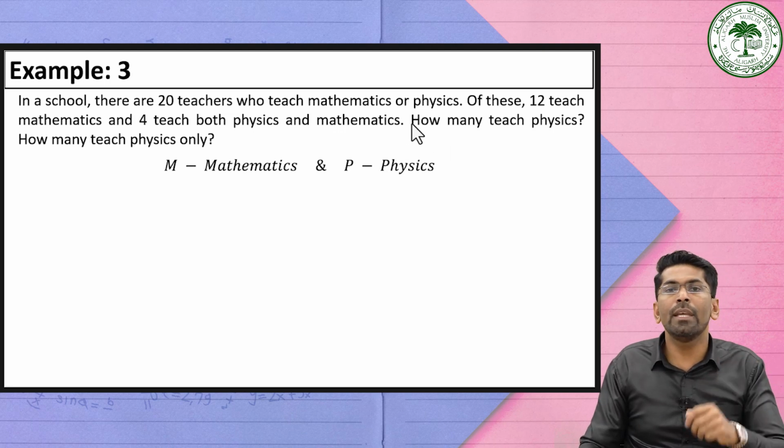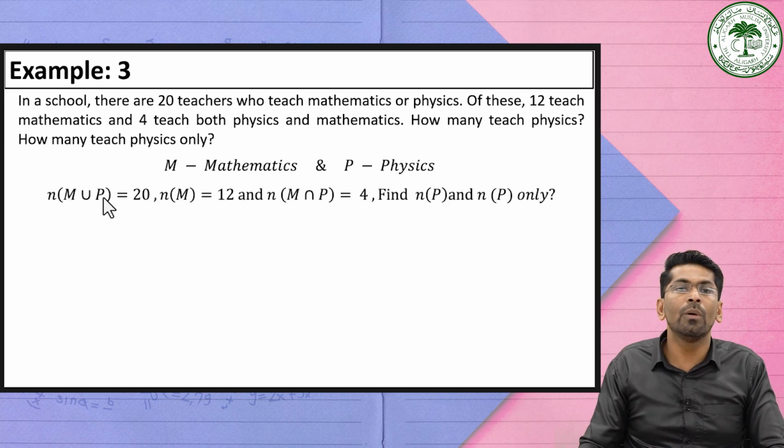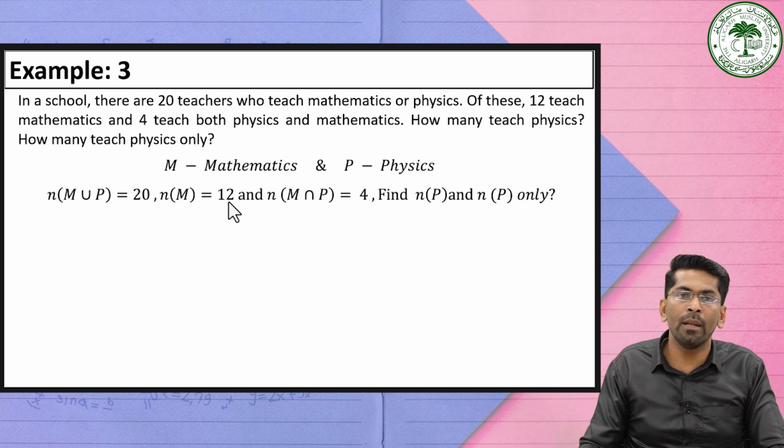So by using this given problem, we have the information that the number of teachers who teach mathematics or physics is equal to 20. Mathematics or physics means mathematics union physics, which is equal to 20. Of these, 12 teach mathematics, so the number of mathematics teachers is 12.